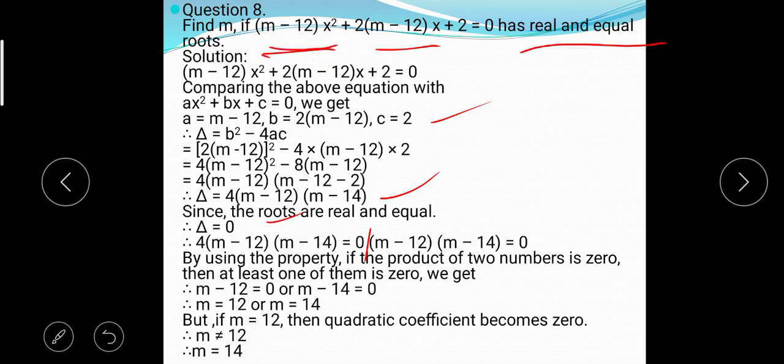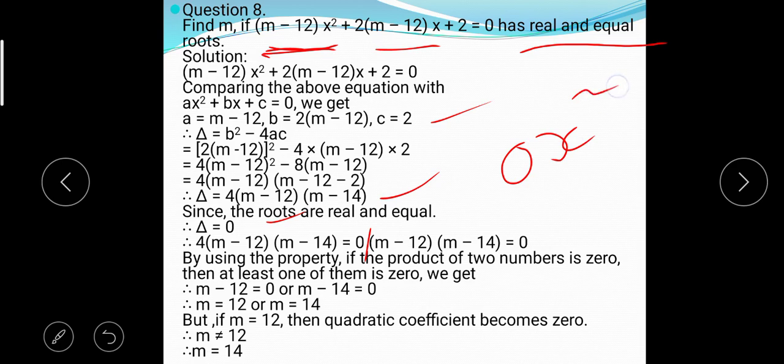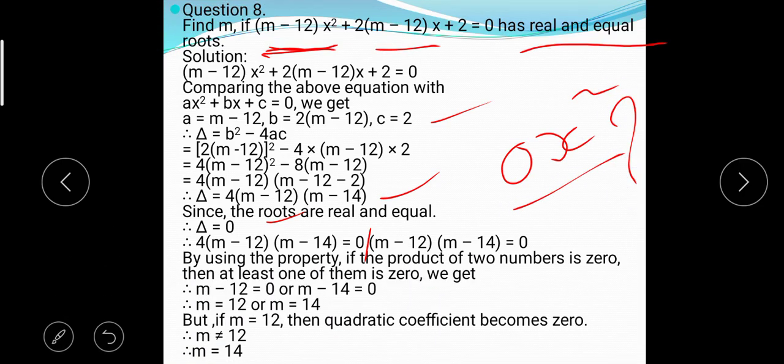If m is 12, what will happen? 12 minus 12 gives 0x square. So is it possible? No. And therefore m is not equal to 12, and therefore the value of m is only 14.